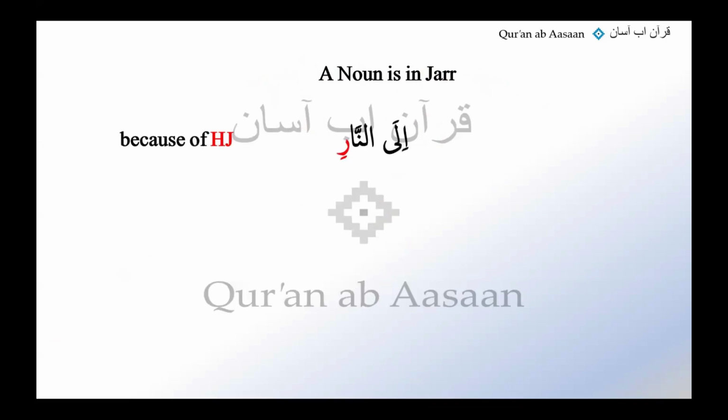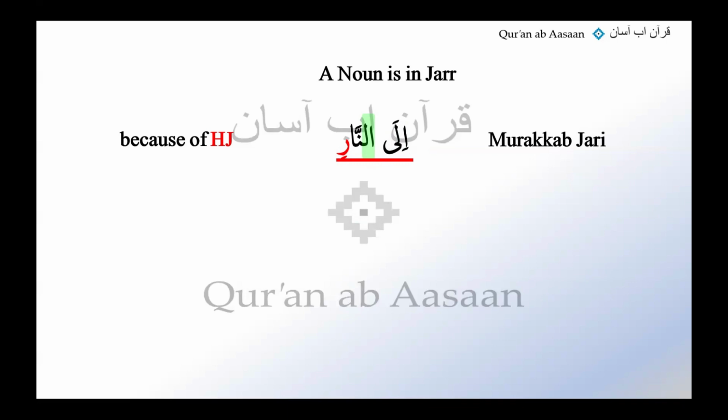Like ilanari, we saw that a noun is in jar because of a harf jar sitting behind it. When we look back, there is a harf jar, so we know it is in jar because of it. We underlined it red and named it murakkabe jari.